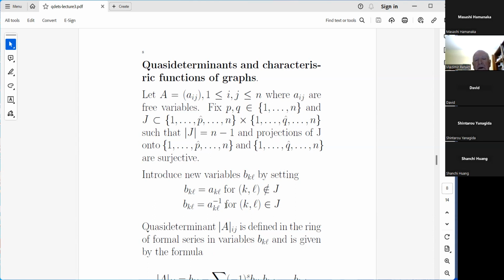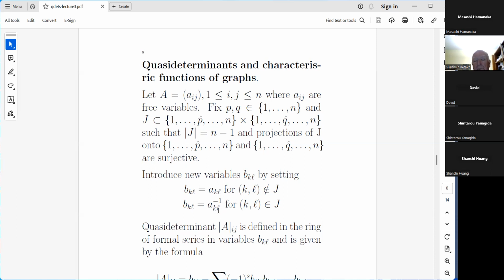Okay, and then I just leave my elements outside of this set of indices J as before, so AKL, and for elements with indices from this J, I have just inverses.